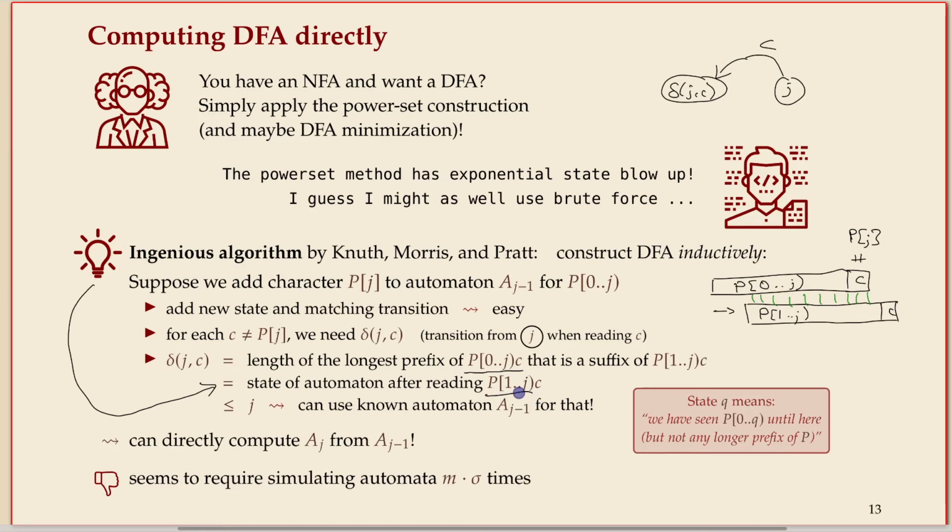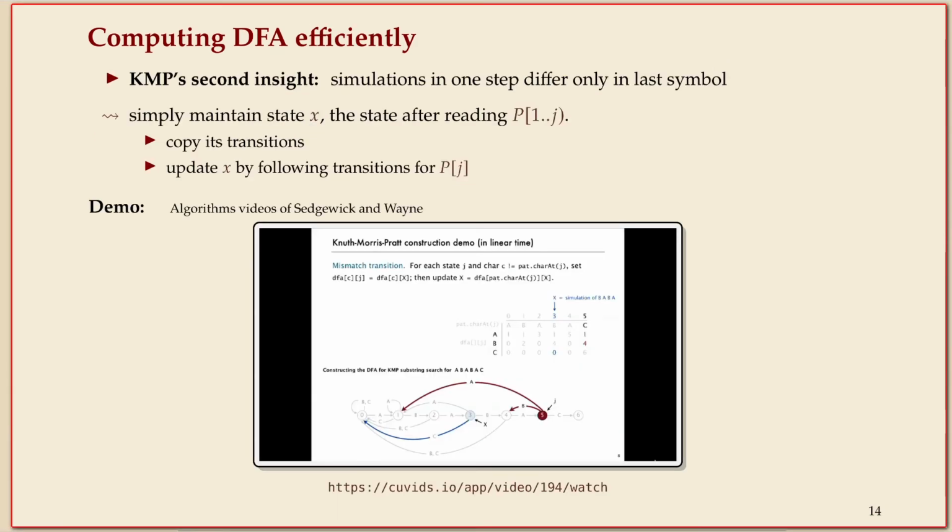But the simulation would always use the same prefix, so we don't really need to do it. We instead can just remember the second to last state and go one step from there. And so that's what we can do. We maintain a state X, which is the state where we would have gone by reading this in the automaton. And from this state, we go one further arc with all the different characters, and then we put these into the delta table.